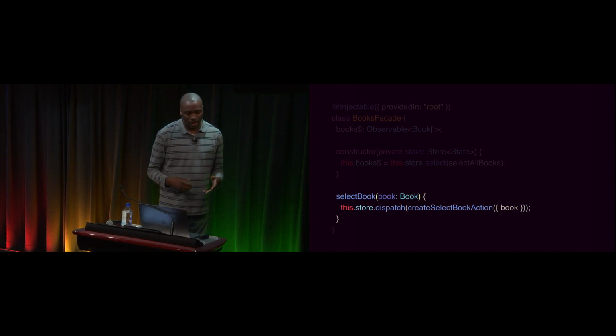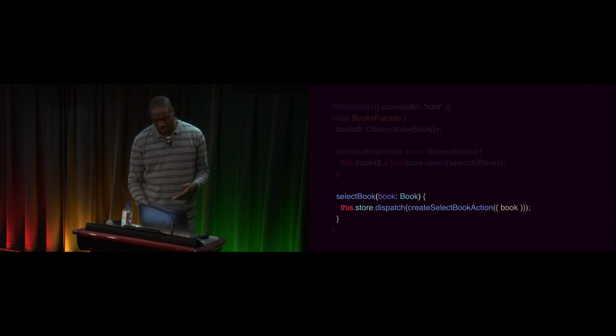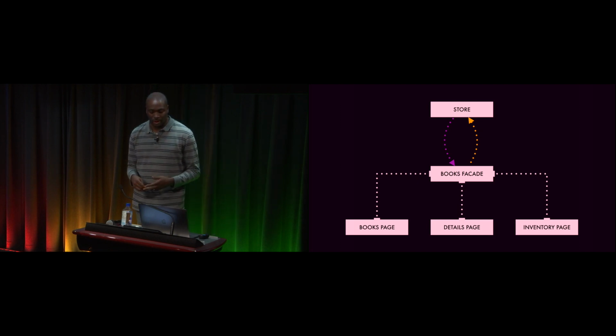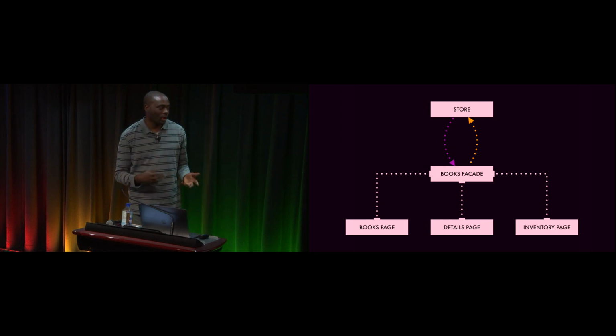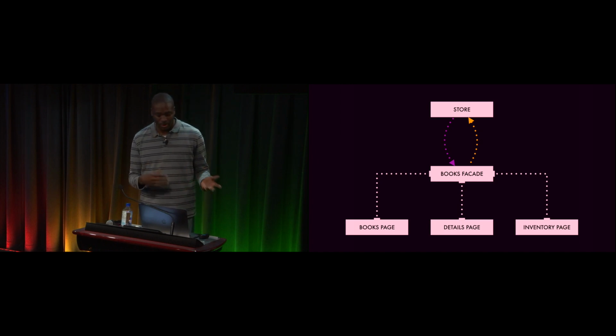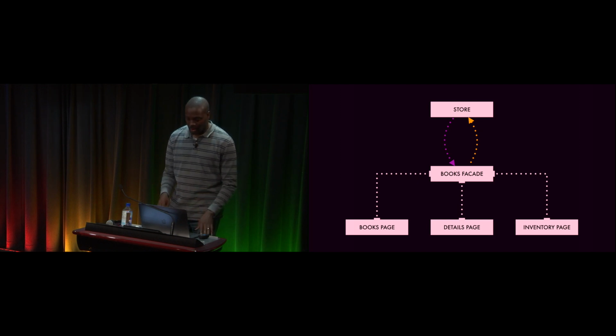The problem that comes up is it gives you an easy opportunity to reuse these actions. If you have this facade, then you say, well, I can just take advantage of DI. You have the books facade, I can use it in the books page, details page, or the inventory page.